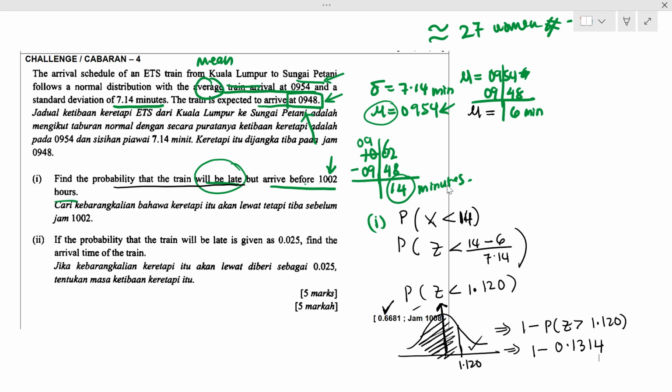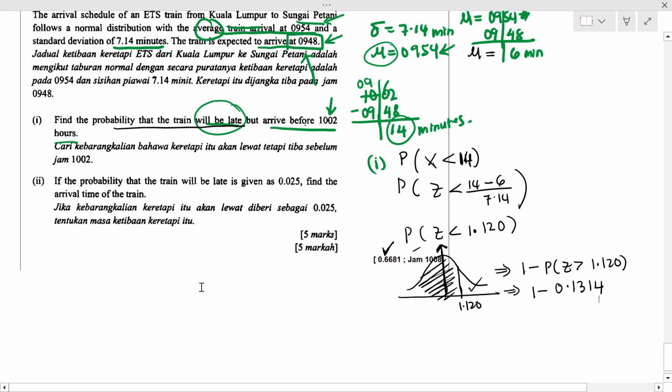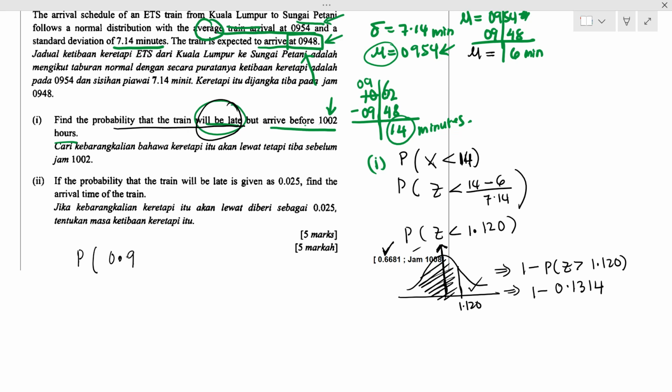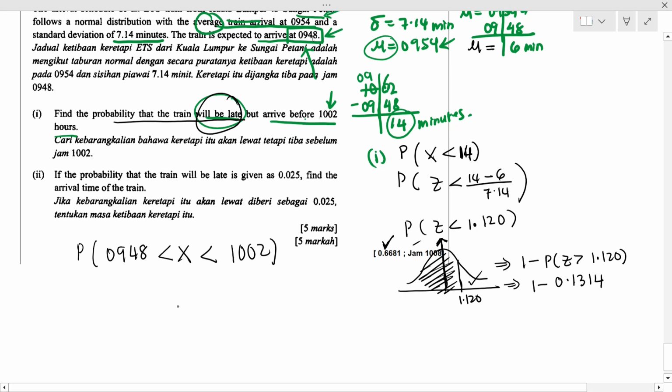Oh, I think I know already. They tell us the probability it will be late. That means you will be reaching more than, okay, let me think from another perspective. Wait. 0948 is the ideal time of arriving. But late means it is more than 0948, but then you reach before 1002. Right, what I did earlier was correct. Okay, wait.